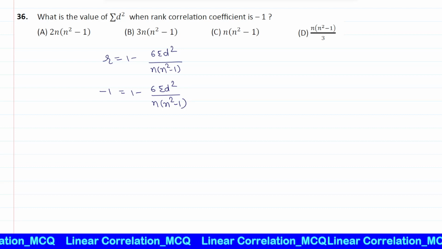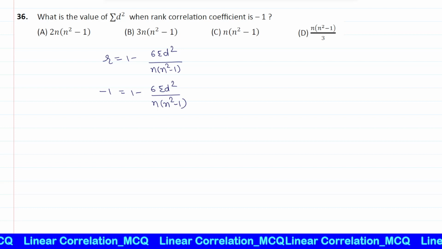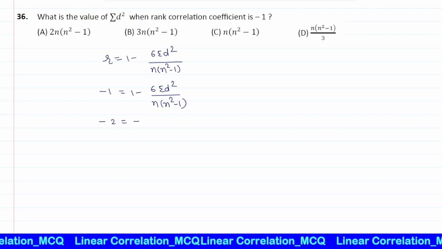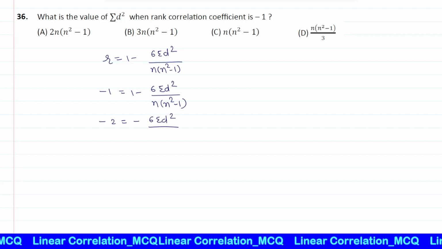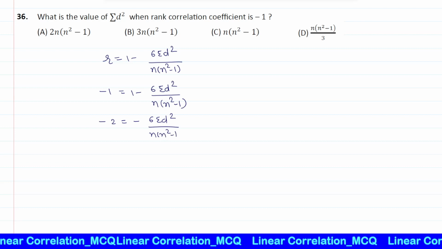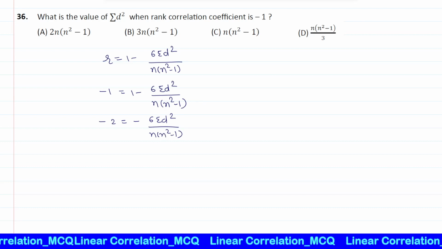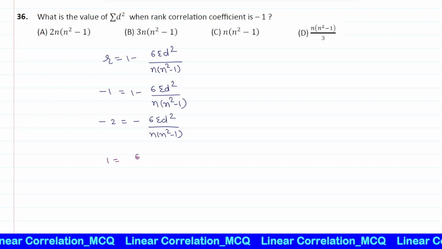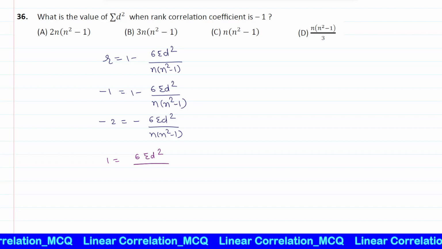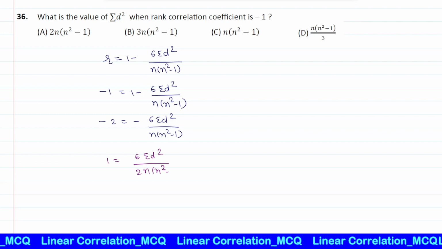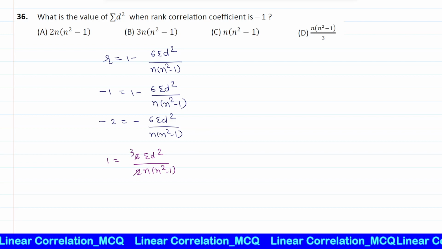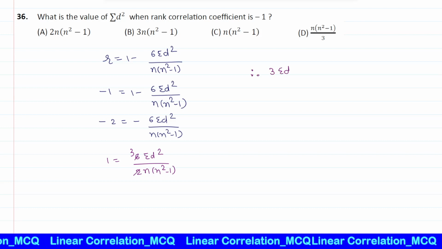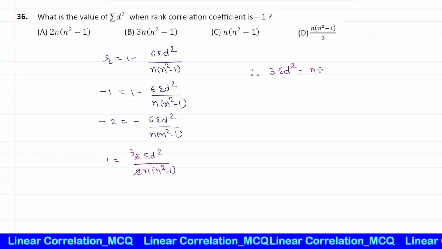Now moving 1 to the other side, it becomes negative, so -1 minus 1 gives -2. -2 equals -6 sigma d square divided by n of n square minus 1. Both sides negative, so they cancel. Let's move 2 to the other side. 1 equals 6 sigma d square divided by 2 n of n square minus 1. 2 threes are 6, so we have 3 sigma d square equal to n of n square minus 1.